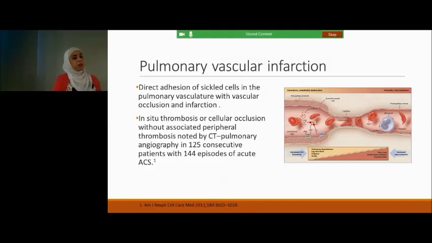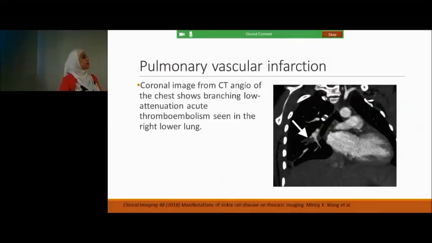This is also a nice angiogram in a patient with acute chest syndrome, and you can see there's a filling defect where the arrow is pointing, and that's causing infarction in the right lower lung vasculature.